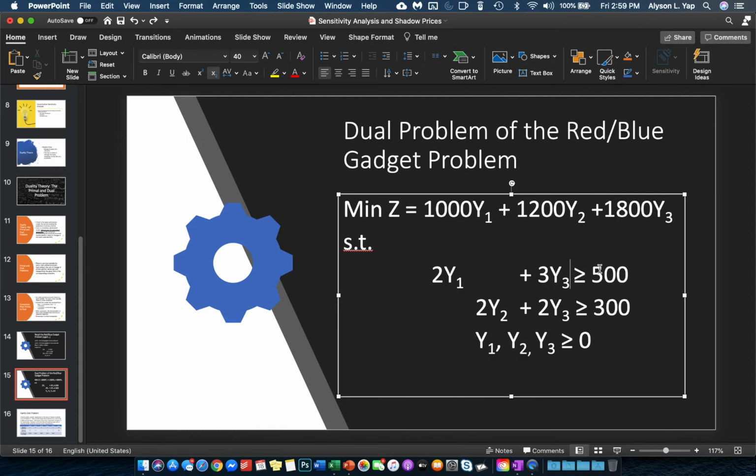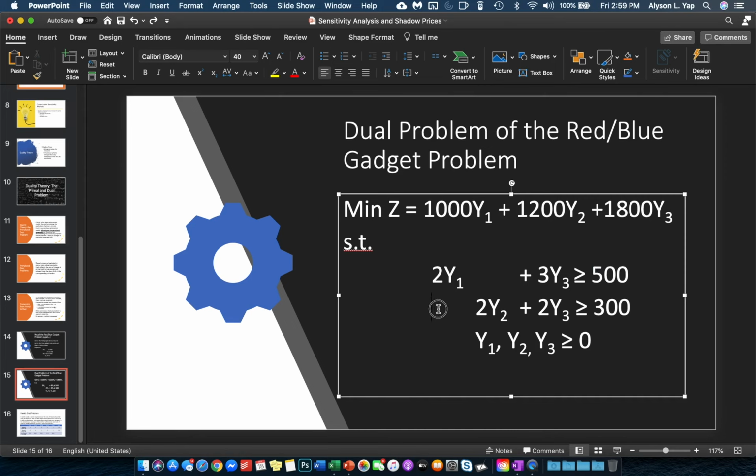Because if this left-hand side is less than 500, then in the point of view of ABC company, they will not sell me their steel, wood, and labor. Why? Because they will get a lower value or lower profit from selling the input materials to me. They would rather produce the red gadget and get a profit of 500.